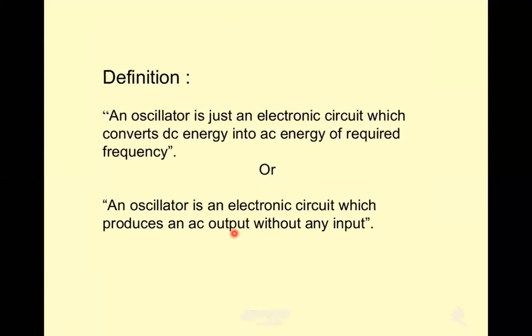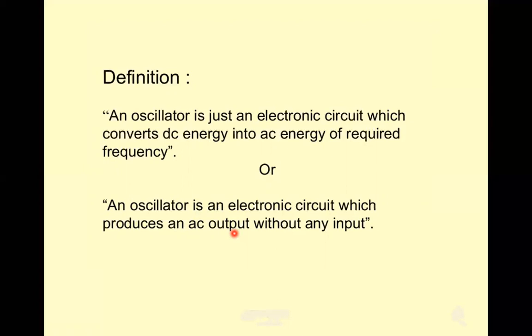Before oscillators, we used to study the alternator also. So there is a difference between an oscillator and an alternator. What was called an alternator? An alternator is a mechanical device having rotating parts, and it converts mechanical energy into AC energy.